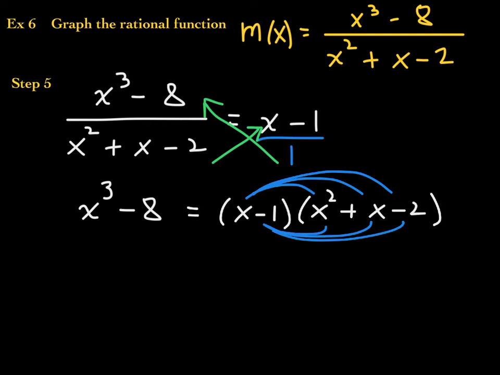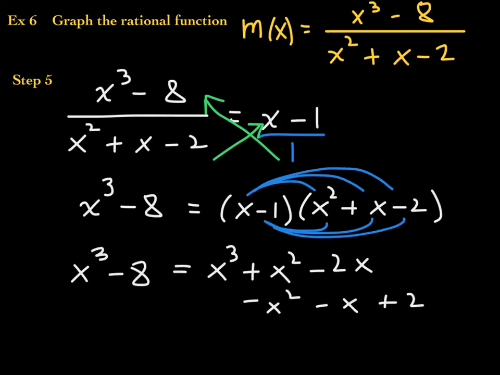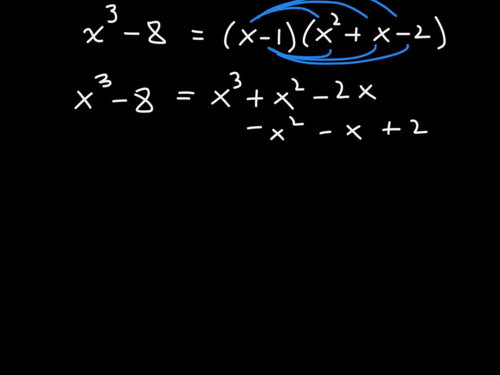So the left-hand side is just x cubed minus 8. The right-hand side is x cubed plus x squared minus 2x. That's what I got from distributing x. Now when I distribute a negative 1, I get negative x squared, negative x plus 2. So then, moving this up for us here, that leaves us with x cubed minus 8 is equal to.